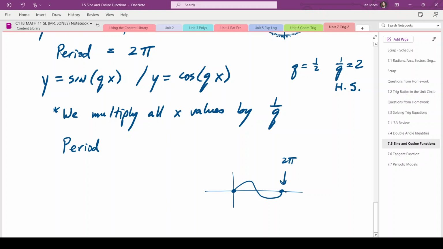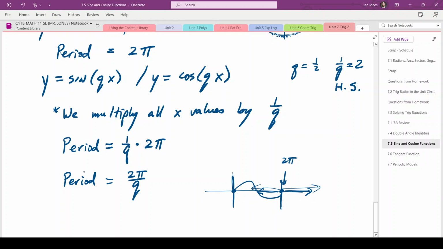So it's going to come out this way if 1 over q is greater than 1, or come in this way if 1 over q is less than 1. But either way you slice it, the period is going to be growing or shrinking by a factor of 1 over q. So our period is 1 over q times 2 pi, or period equals 2 pi over q.